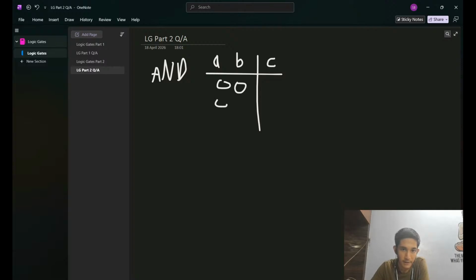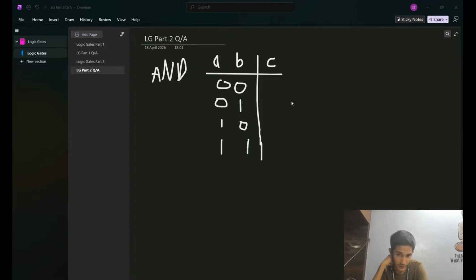Now, AND simply checks if both are 1 or both are true. So, as I posted in the correction video, it's like checking if both have been done. Okay, so an example would be go do the dishes and clean your room. If you have neither cleaned your room nor done the dishes, that is 0 0, then the output is 0.